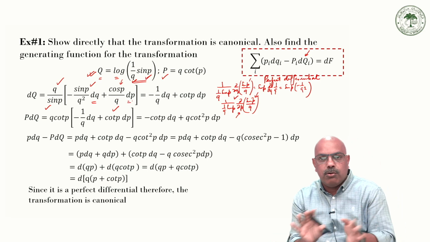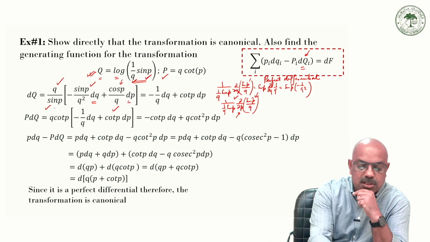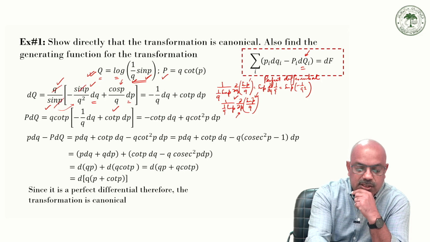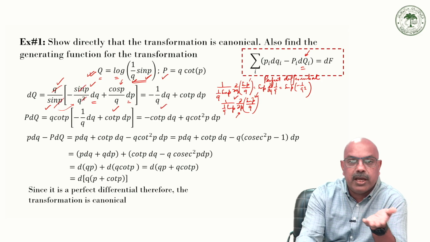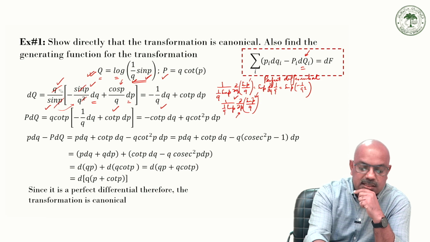So this is how you are finding dQ. This is common, so if you take it inside, this is going to be cancelled, and this will be minus 1 by q dq, and then this q will cancel here in this case.